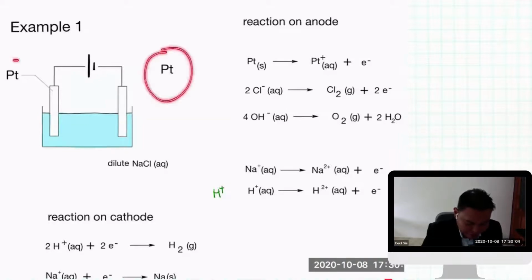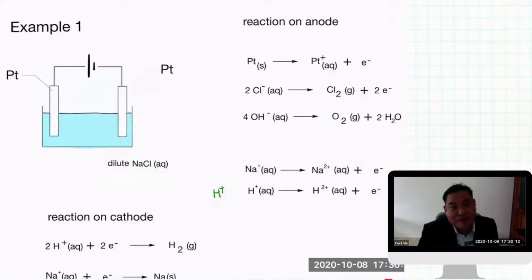Anode and cathode are platinum. And the solution is dilute sodium chloride. What will happen? This is what will happen.